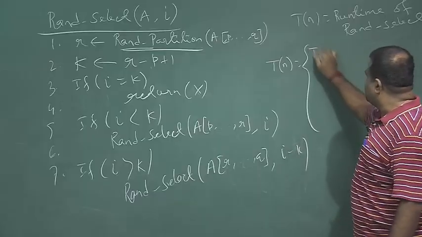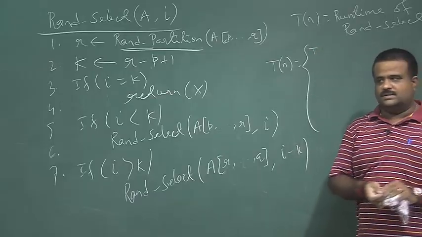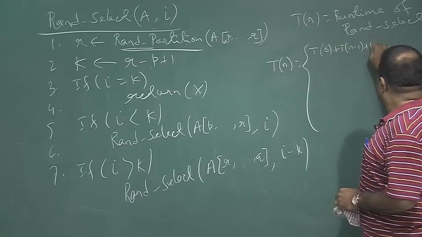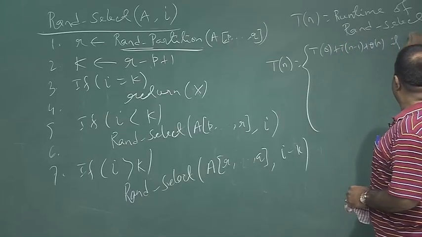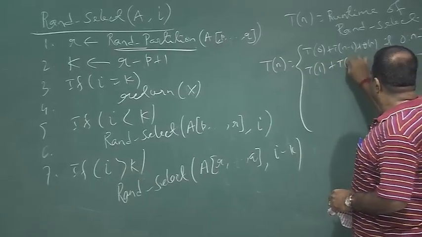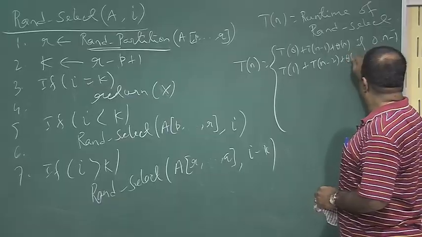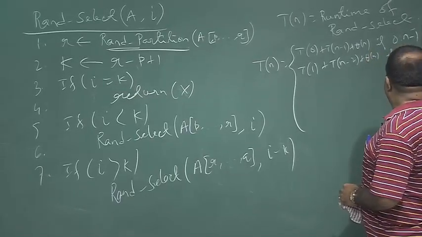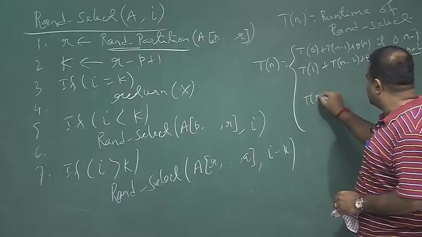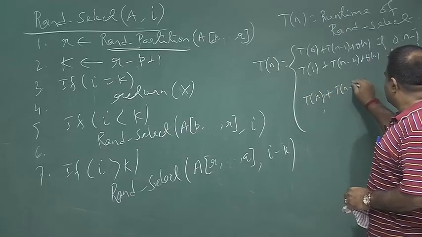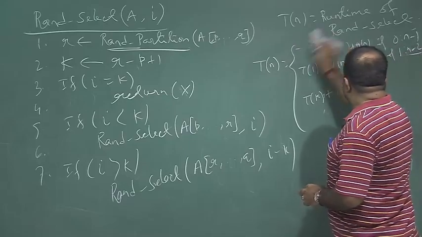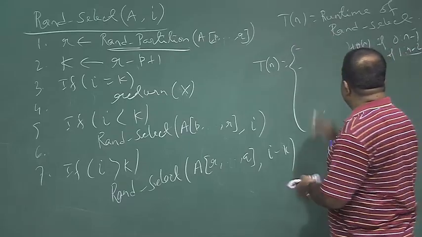It will depend on how the pivot is. If the partition is 0 is to n minus 1, if the partition is 1 is to n minus 2, like this. So, in general, if the partition is k is to n minus k minus 1, it will be the maximum of these two, because we do not know which is larger and we are looking at only one part.